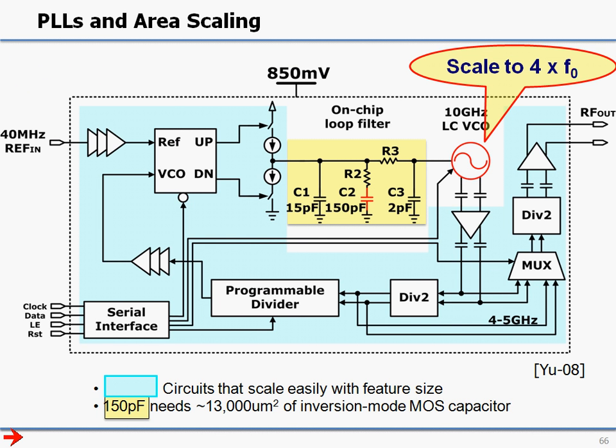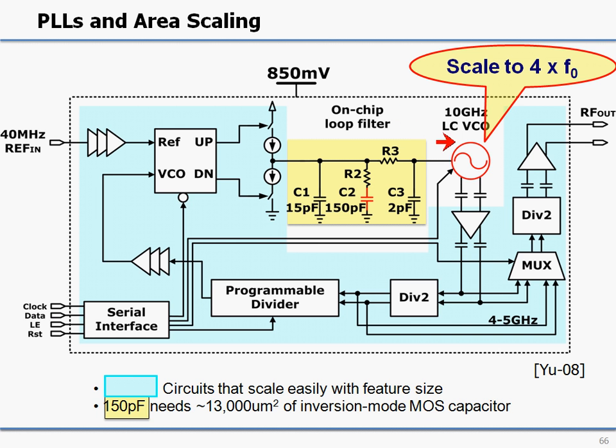At this point, I would like to quickly review some of the challenges of PLL scaling as far as area goes. You're familiar with the block diagram of a PLL, and against the blue background here, I have all the components that are primarily active circuits, and so we know that those will scale very well with technology.